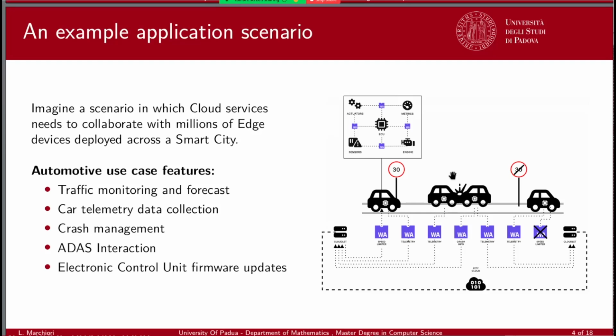And think about the possibility of cars entering a speed limited zone, and the city infrastructure deploying a software module inside the ECU of a specific car entering the zone, in order to interact with the car and set a speed limit such that the user cannot go past it.